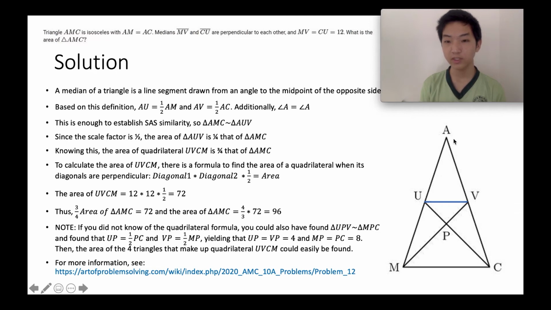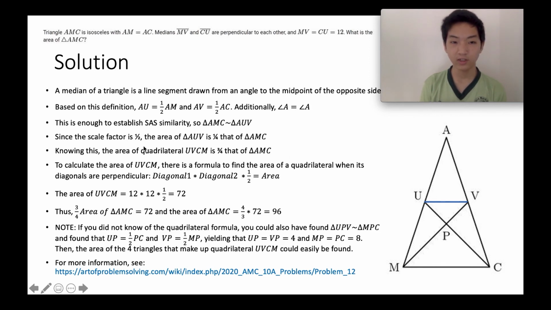So from there we can see that triangle AMC is similar to triangle AUV with a scale factor of 2. Well, the scale factor from AUV to AMC is 2, because if you divide AM by AU, you would get 2.